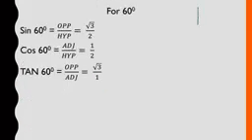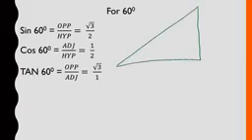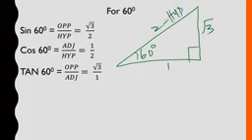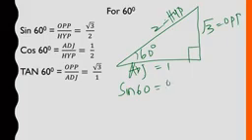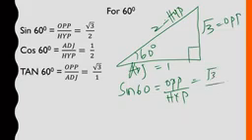Now for 60 degrees. Here is the 60 degrees, this one is 2, here is root 3, this is 1, and 90 is here, meaning the hypotenuse side is here. Then here is the opposite, and this one is adjacent. So sine 60 is opposite all over hypotenuse, which is root 3 over 2.